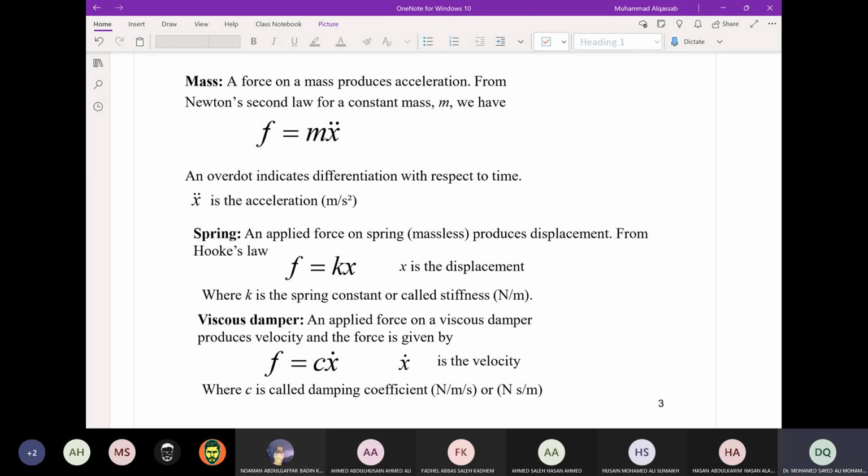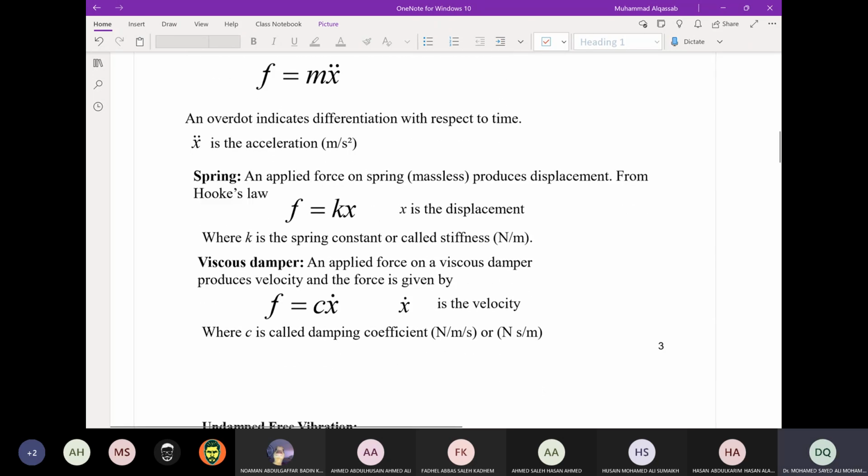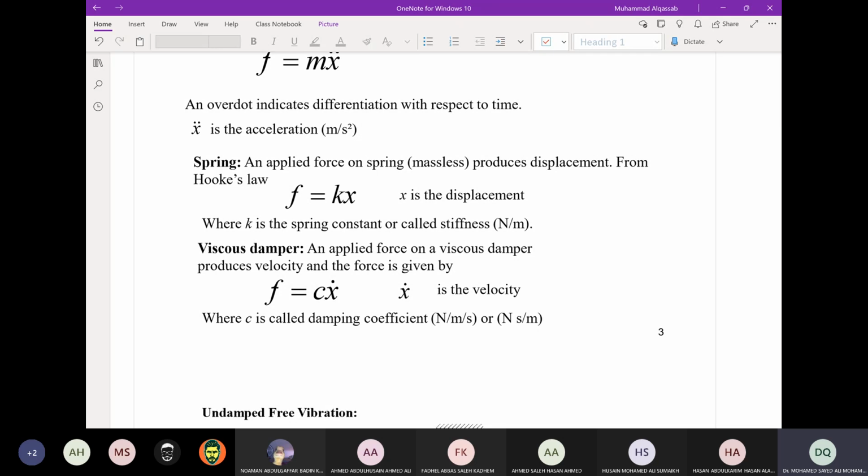And the viscous damper, the force is related to velocity. The force is given as F equal to C x dot, where x dot is the velocity. This is also a linear relationship, where C is called the damping coefficient and is given in Newton per meter per second, which is the unit of force divided by the unit of velocity.